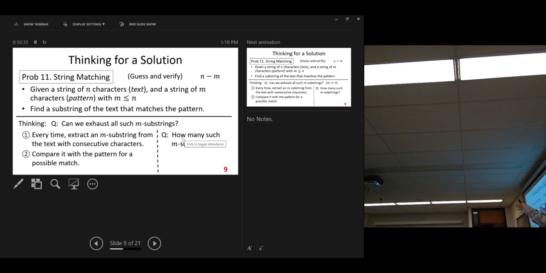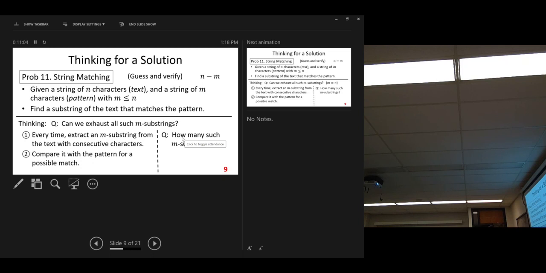So approximately n minus m. But this guess may not be very precise. We may miss a little bit, so we need to find that little thing and adjust it to make it precise.